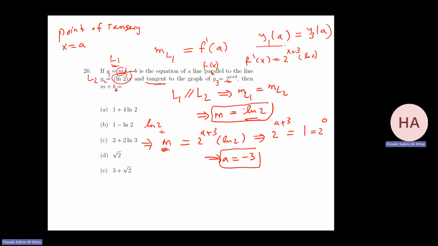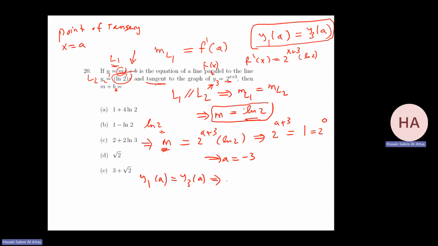Now, A equals minus 3. Then I will use this statement to find B. So I substitute A in y1 and in y3, in the function and in the tangent line. It should be the same at this point of tangency. So I have y1 at A equal y3 at A. That means what? M A plus B. Don't forget M is ln2.